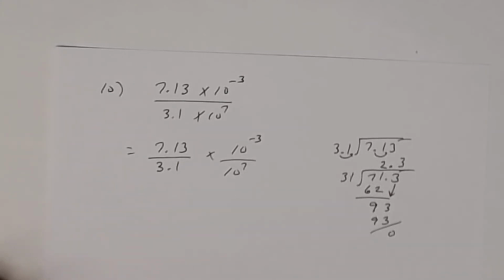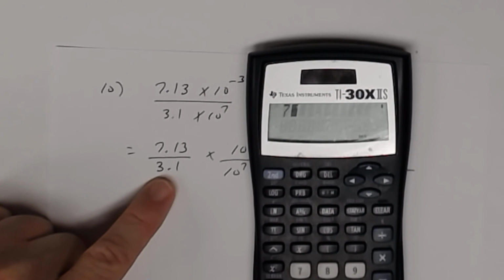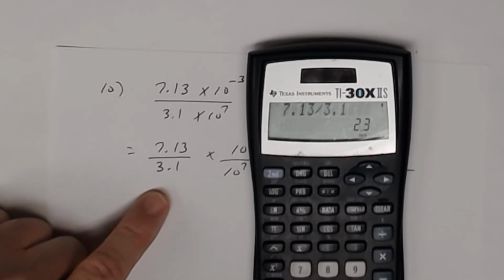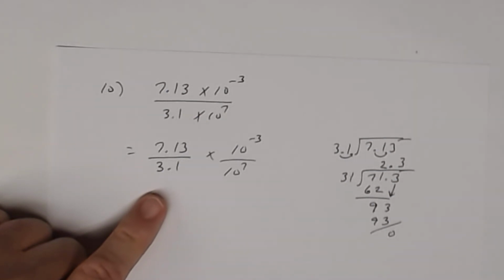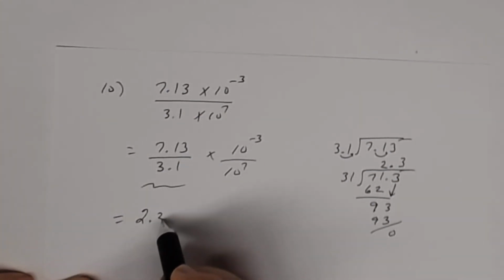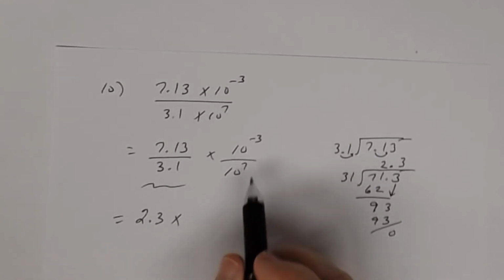And you can always check: 7.13 divided by 3.1 equals 2.3. All right, so this right here is 2.3 times. Now remember, we're using the quotient rule. We divide like bases, you subtract exponents.